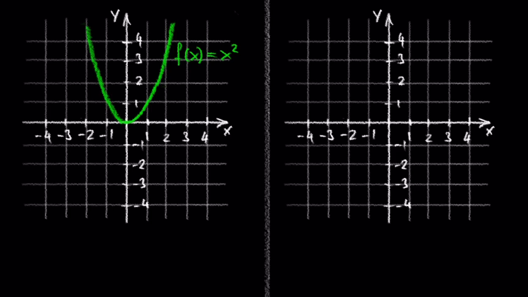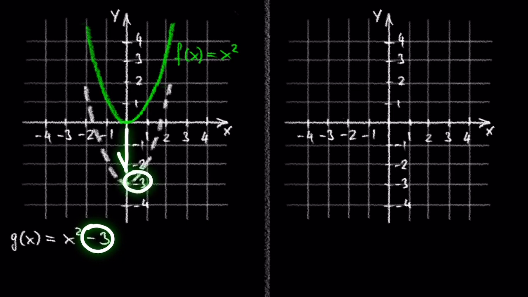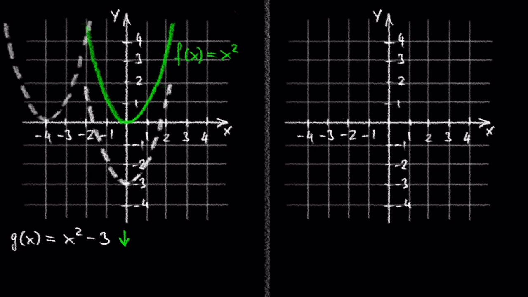Recall that we shifted the graph 3 units down by subtracting 3 from the function notation. And we shifted the graph 4 units to the left by plugging in x plus 4 instead of x.